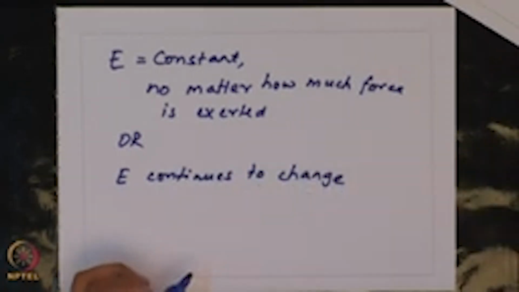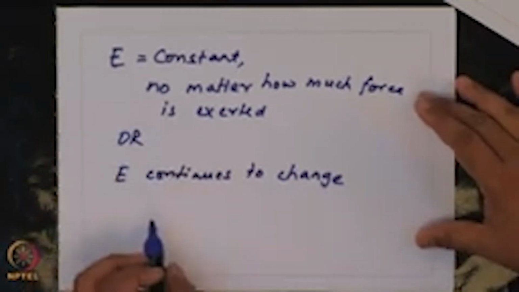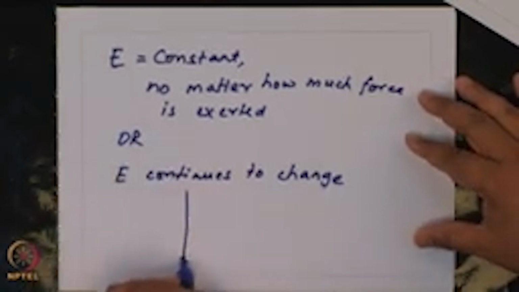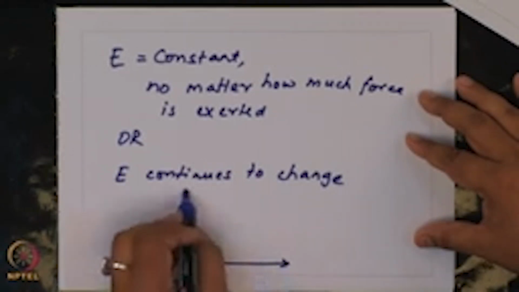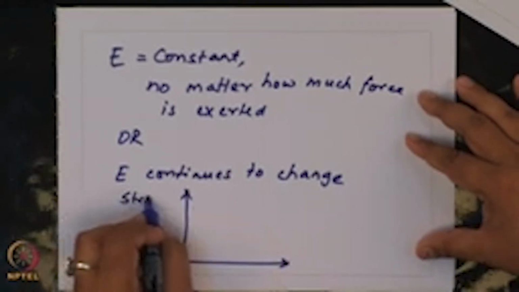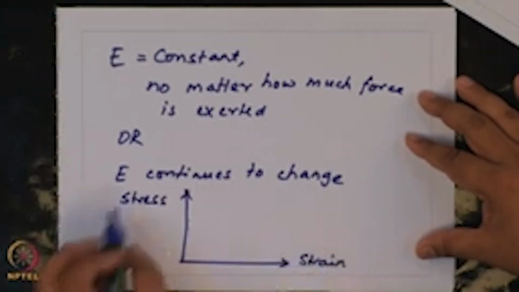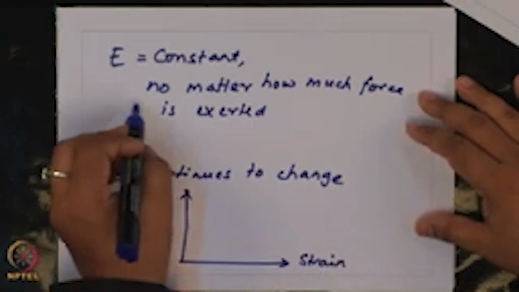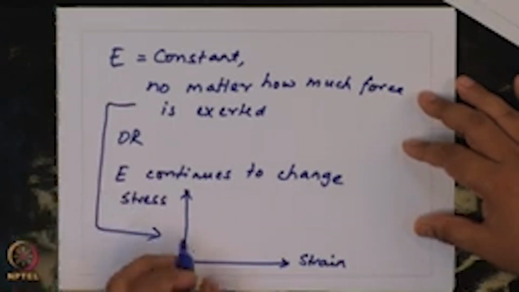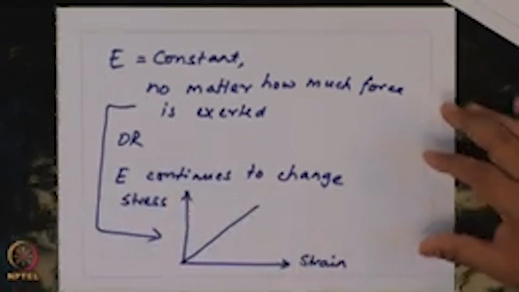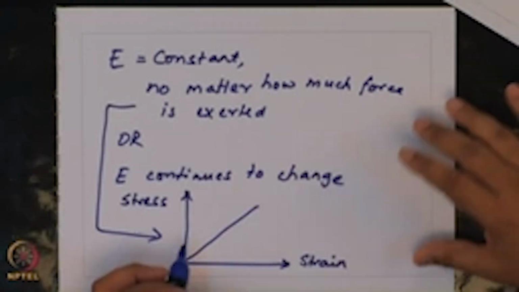Okay. So, this is an example. Let us assume E is constant. Then how will my stress versus strain curve look? If I plot stress versus strain, if E is constant, then you will have a linear, a straight line.